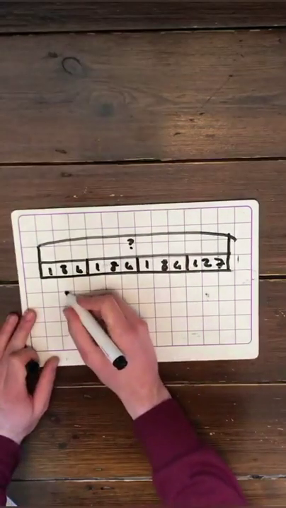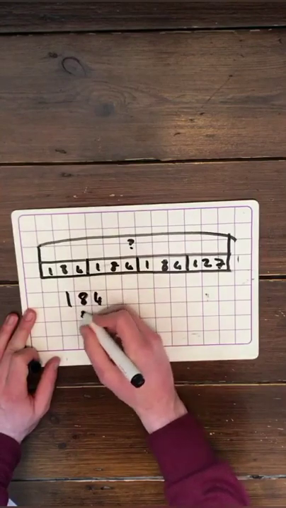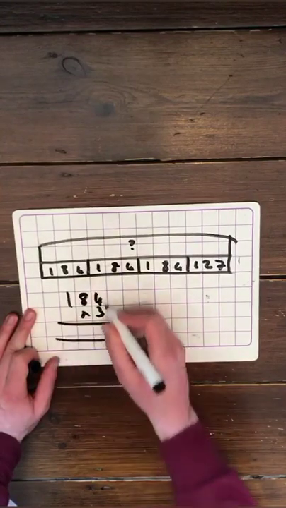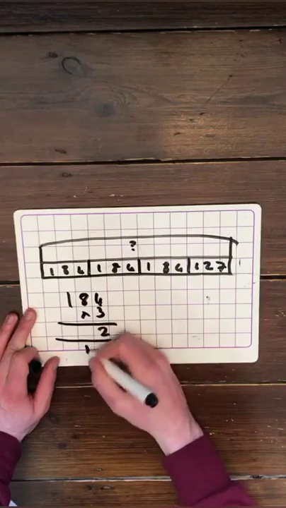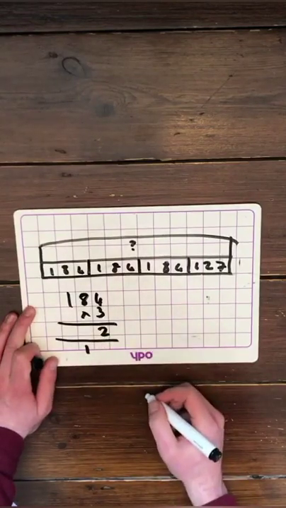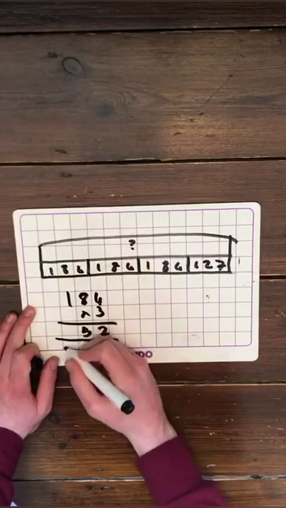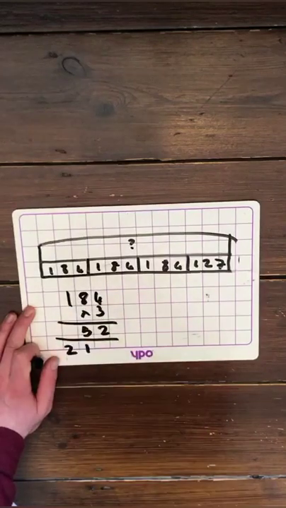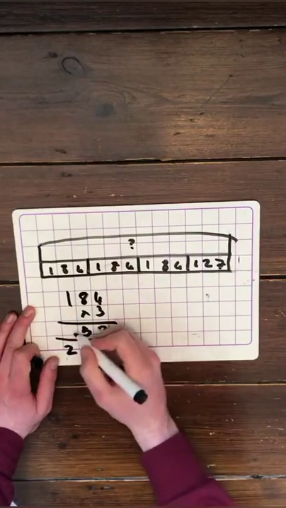So you should have got 184 times 3. 3 times 4 is 12. 3 times 8 is 24 plus 1 is 25. 3 times 1 is 3 plus the 2 is 5.